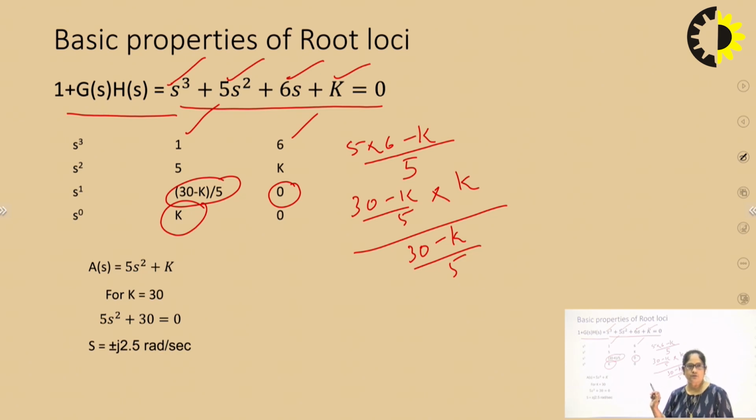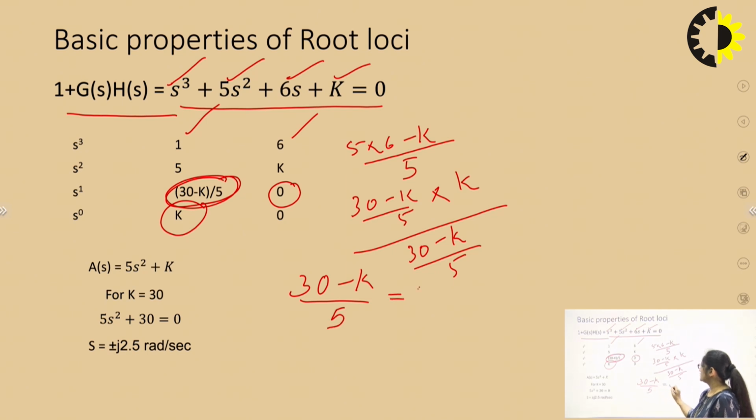Using Routh table also we can find out the points on the imaginary axis where the root locus will cut it. Now if I want to use the auxiliary equation, to make both the elements of this row 0, because the other element cannot be 0, I make this element 30 minus k by 5 equal to 0.